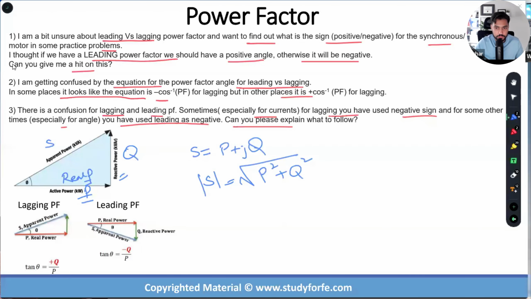Now the theta, the power factor angle, is tangent inverse of y over x, Q by P. Good. So the question is, basically all of these three questions are asking leading, lagging, how does it impact theta, positive or negative? And then the third one is interesting.